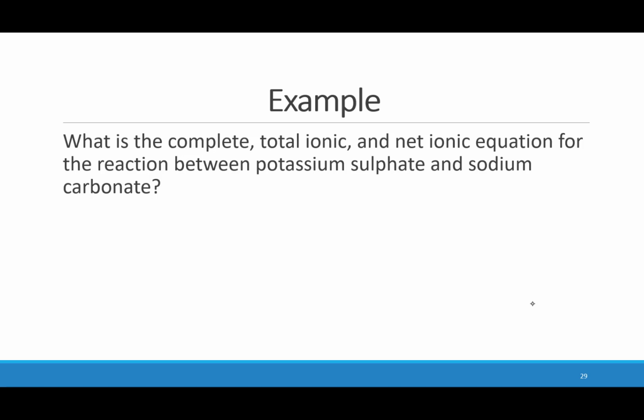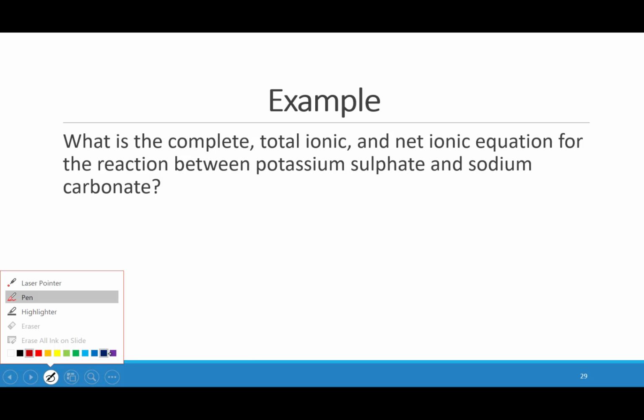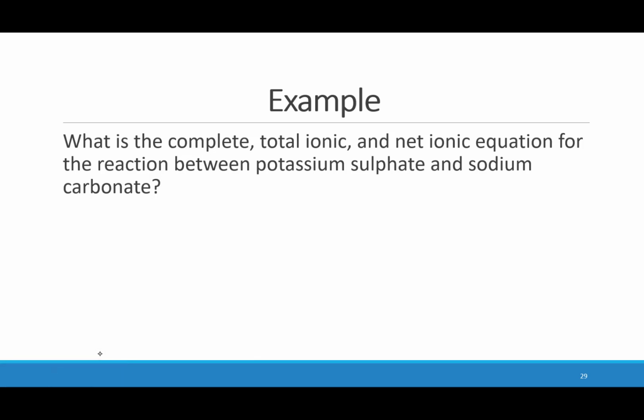All right, the first thing that we want to do is write a balanced chemical equation between these two reactions. Potassium phosphate, it's K. I'm sorry, this is potassium sulfate and sodium carbonate.